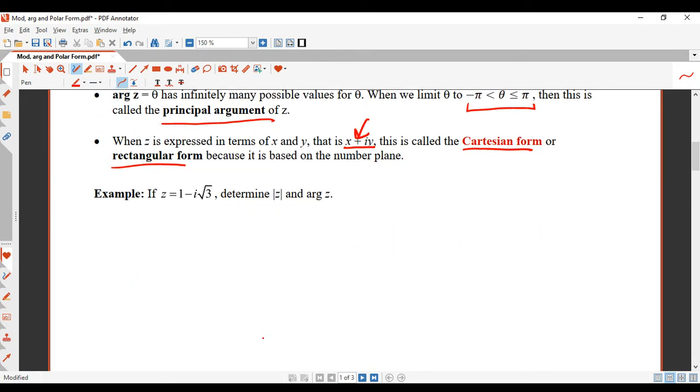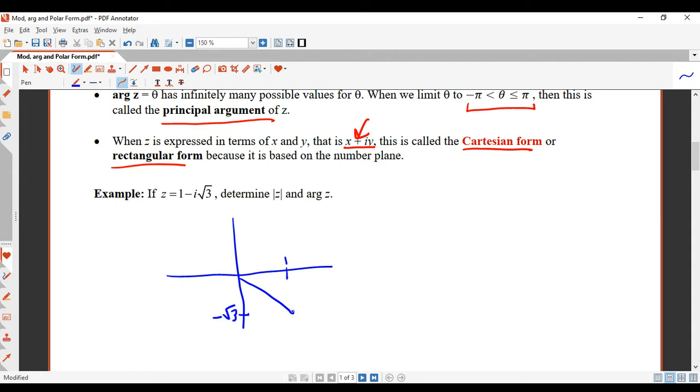You've got to find the modulus and argument of this complex number, 1 minus i root 3. So what we're going to do is a little sketch first. Let's just call that 1 and minus root 3 down here.